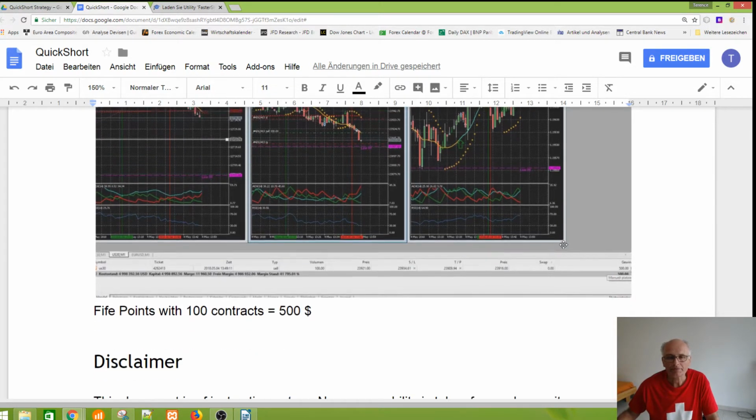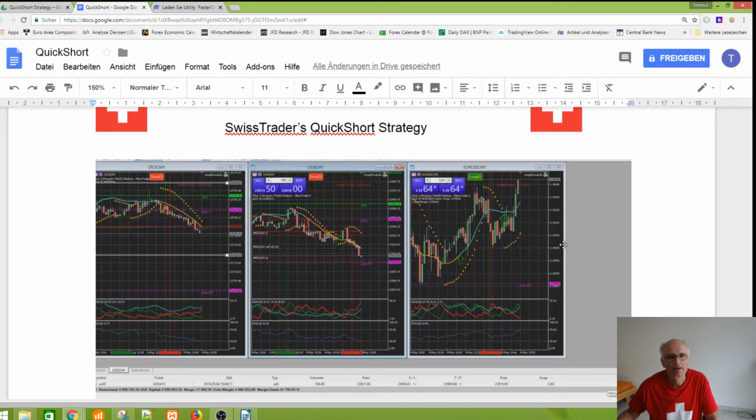You see here the previous day close, the high of the preceding hourly chart, the low of the preceding hourly chart, and the parabolic here.